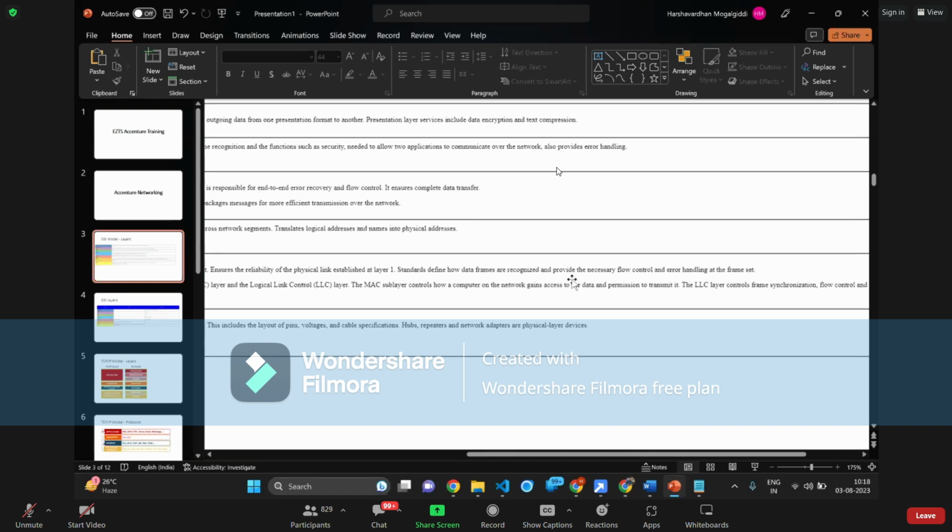It defines how I break it down. Same Amazon example, for example, one standard might say that you need to pack it in a cardboard box, while another standard might say, no, you need to pack it in paper or something, right? So there are different standards in which you can define how, and at the same time it defines the necessary flow control and error handling again at the frame set.